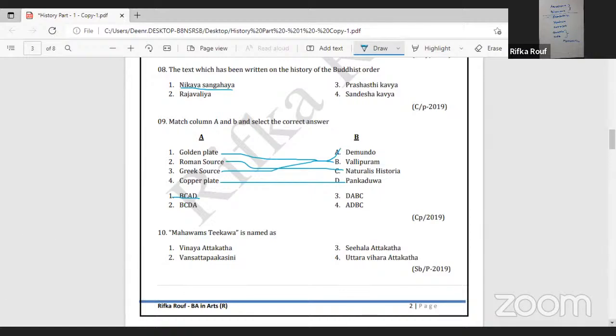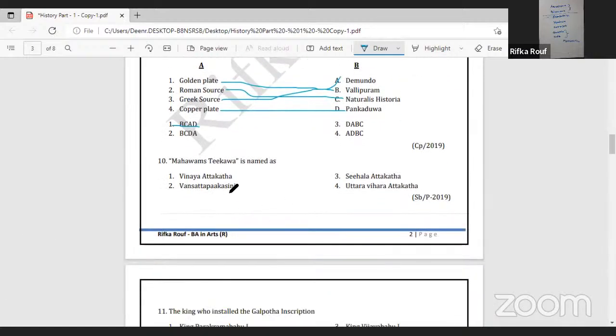So the next one, Mahavamsa Tika is named as Vinaya Attakatha, Vamsatthappakasini, Sihala Attakatha, Uttara Vihara Attakatha. Mahavamsa Tika, another name given, what is it? Yes, correct, Rehana.